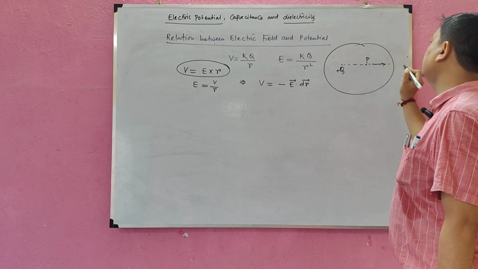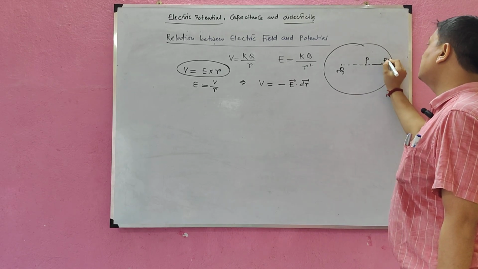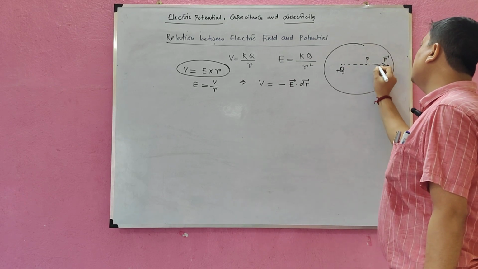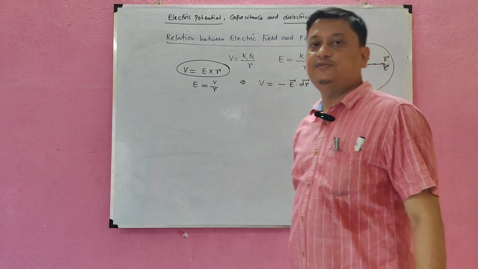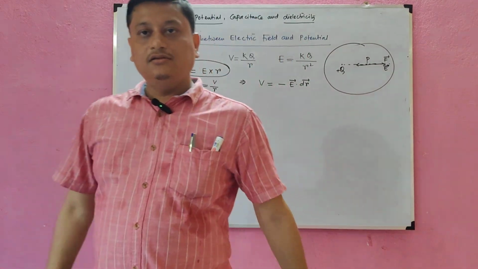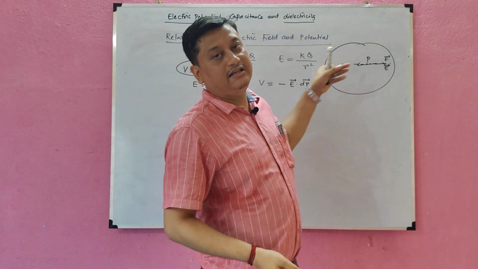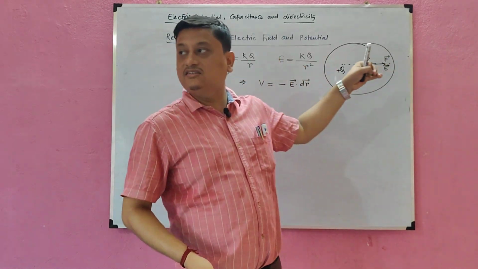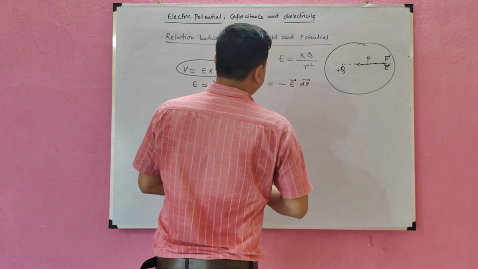The force is acting in this direction, the electric field is acting in this direction, and we are bringing the charge in the opposite direction. That's why this negative sign is there. As you can see, the electric field is acting in the outward direction, and we are bringing the charge in the opposite direction, so this negative sign is there.